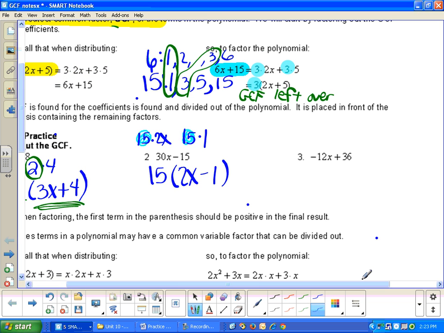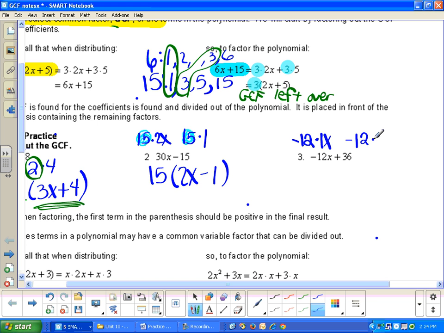Okay, on number 3, we don't want to leave a negative in the first term in parentheses. So if we have a negative that starts here, we want to take that number out. 12 is the largest number that goes into both 12 and 36. So we want to take the negative out front. So we have negative 12 times 1x equals negative 12x.